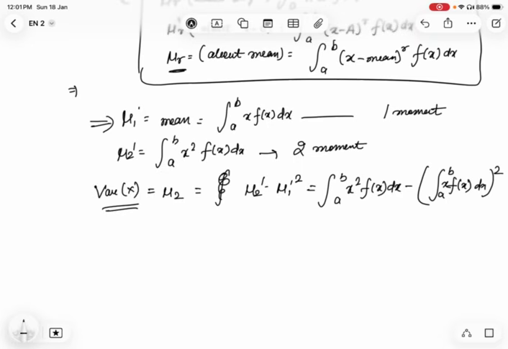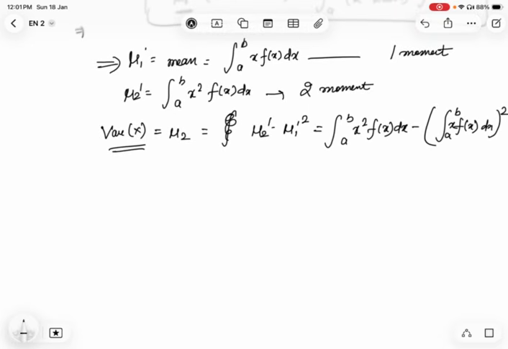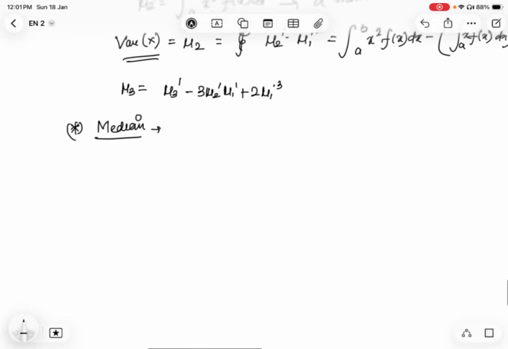That's why the moment is important. Similarly, we define the third moment about the mean: mu3 equals mu3 dash minus 3 mu2 dash mu1 dash plus 2 mu1 dash cubed. Then we have the median. We define the median M by the integral from a to M of f(x) dx equals the integral from M to b of f(x) dx equals 1 by 2.